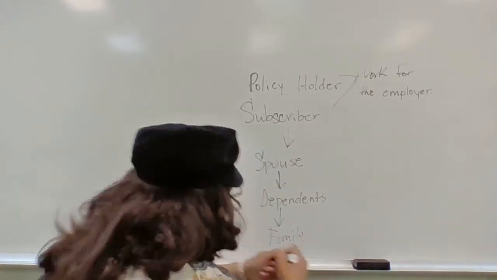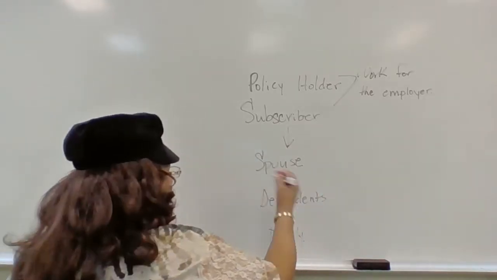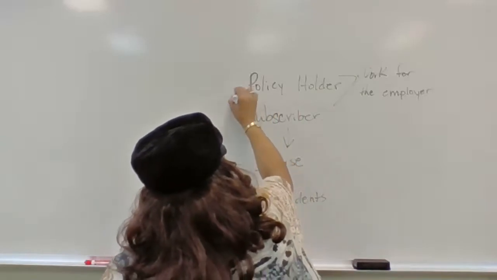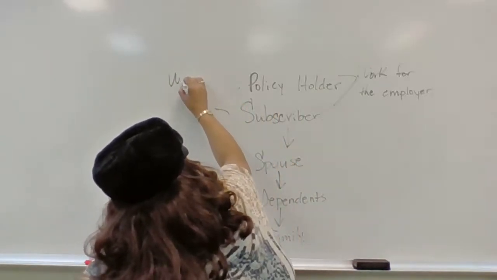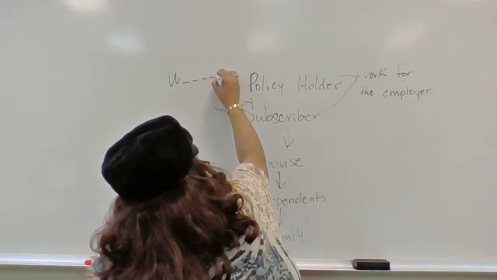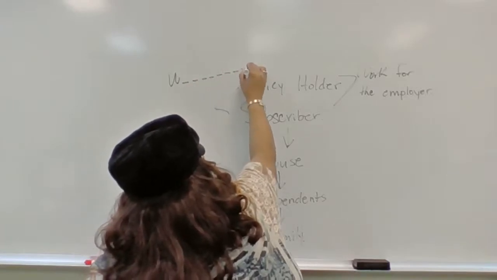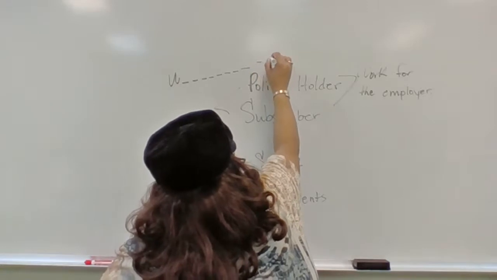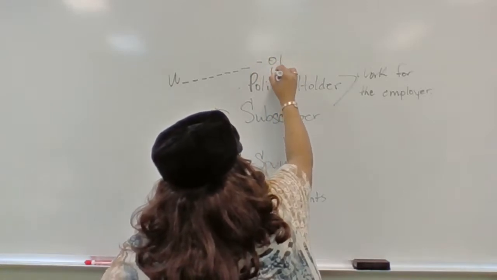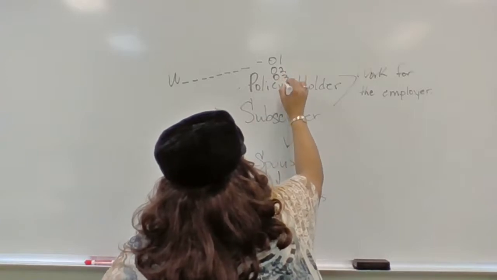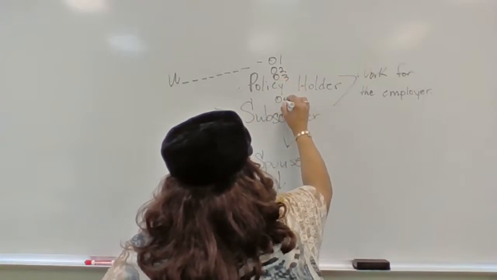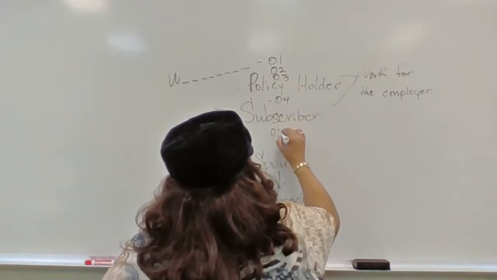Now, sometimes when a subscriber number or a policy number is given out, they usually have like maybe an alphabet, maybe 1, 2, 3, 4, 5, 6, 7, 8, and maybe a dash 01, dash 02, dash 03, dash 04, dash 05.